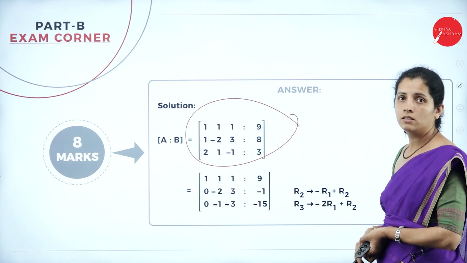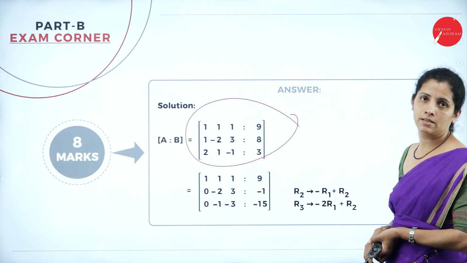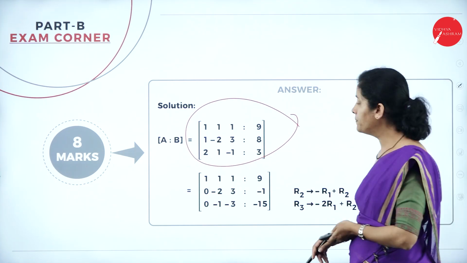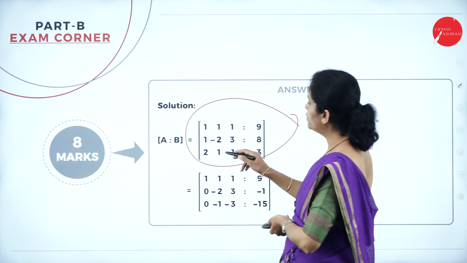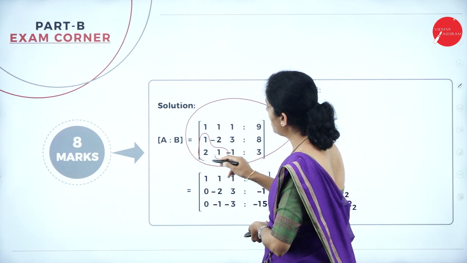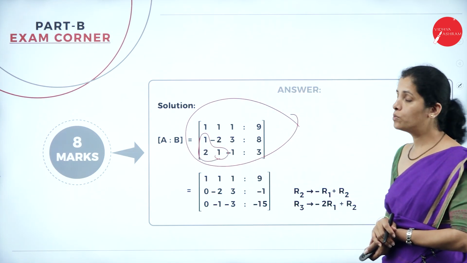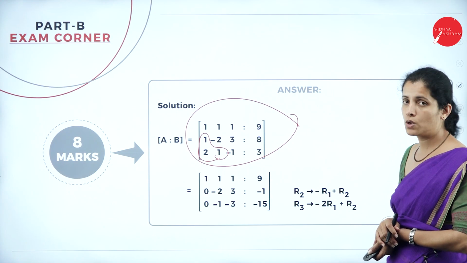Okay, so these are the augmented matrix. Okay, now according to the Gauss elimination method, I want to eliminate these three values. In the sense, I want to make these three values 0.